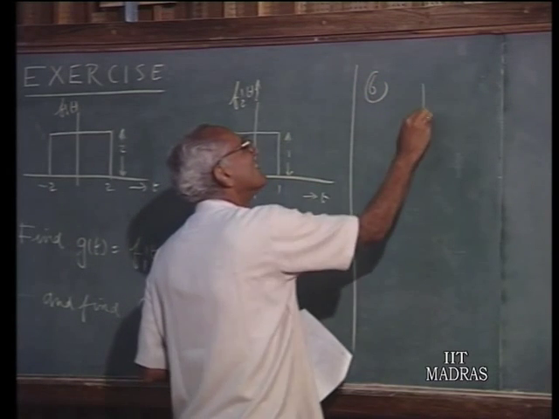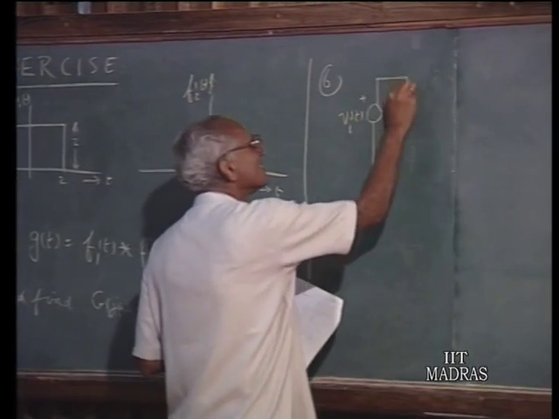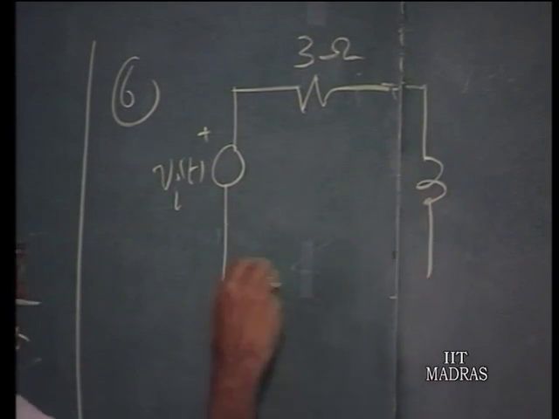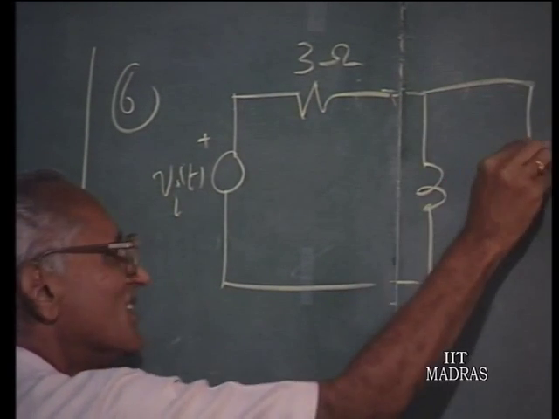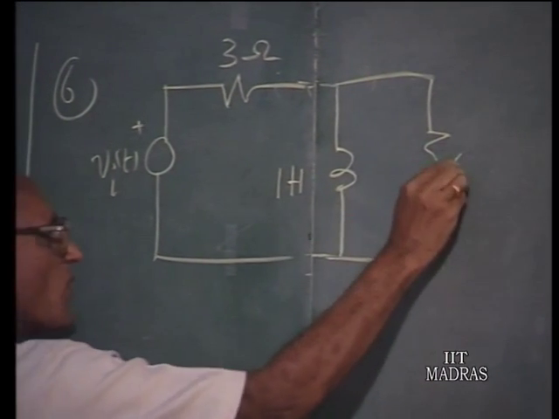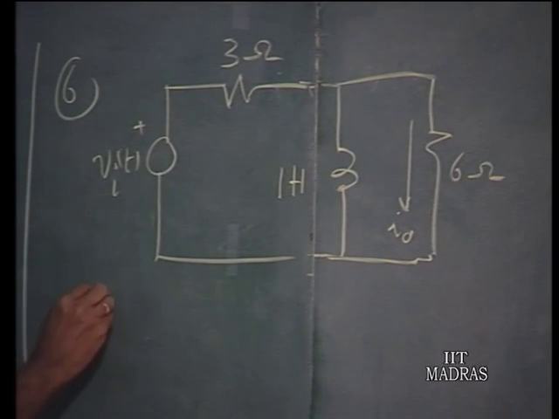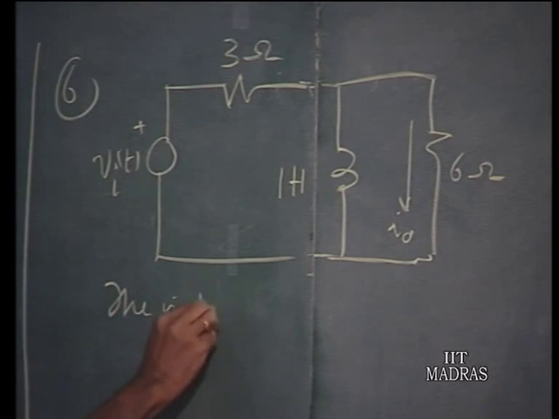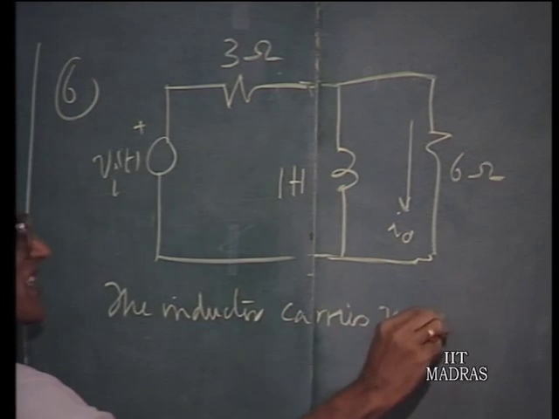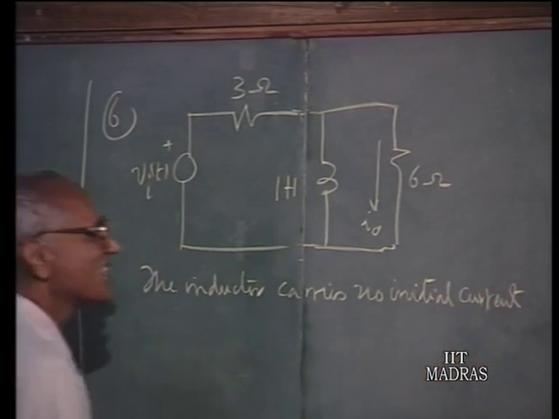Sixth, we have a circuit in which there is a voltage source V i of t impressed across a circuit like this. This is a 1 Henry inductor and a 6 ohm resistor, and this current is i naught. The inductor carries no initial current, that is, before the excitation is applied, the inductor is carrying no current.